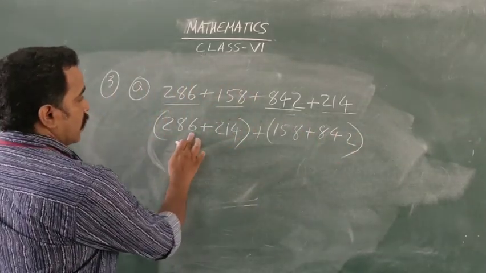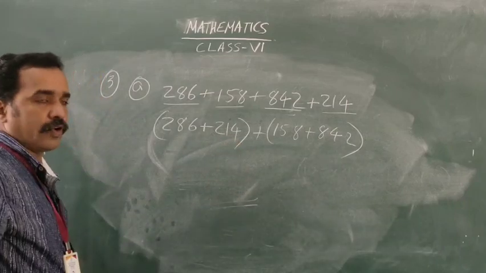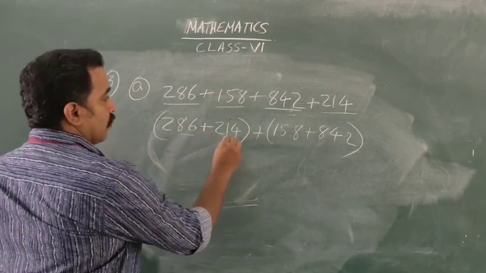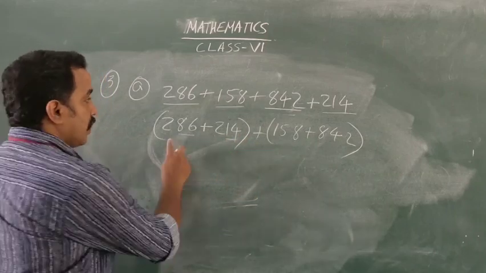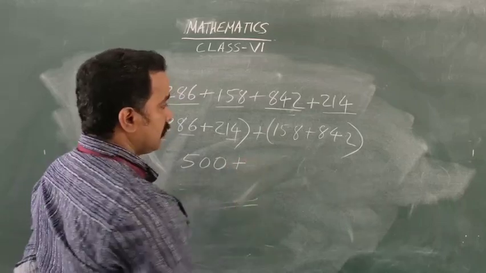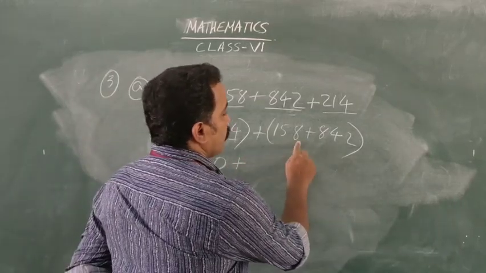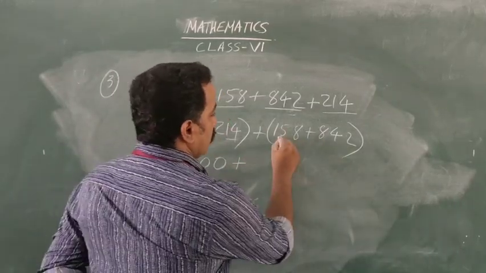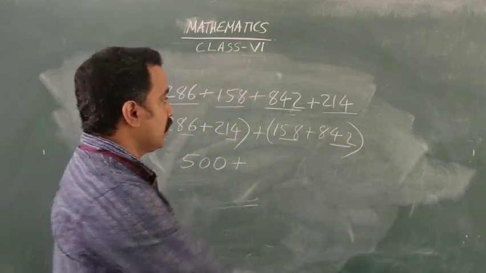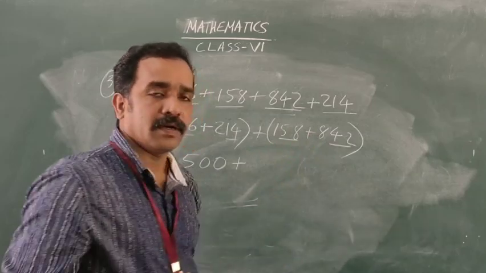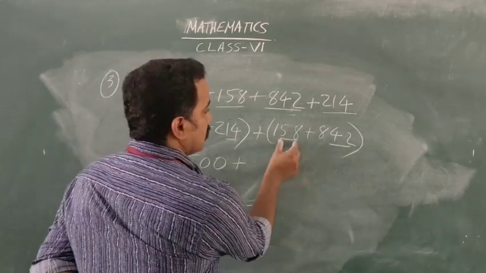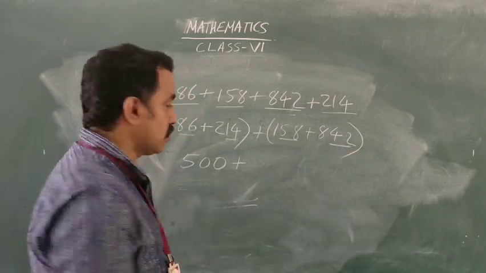Now you add 286 and 214: 200 plus 200 is 400, and 86 and 14 is 100. 400 plus 100 will make 500. Plus 158 and 842: actually 58 and 42 will make 100. 800 plus 100 is 900, and this 100 makes 1000.